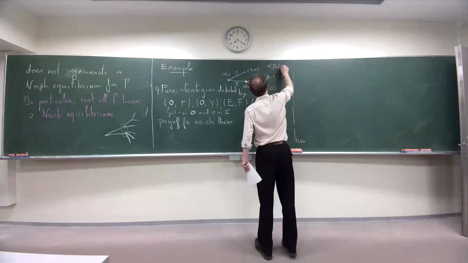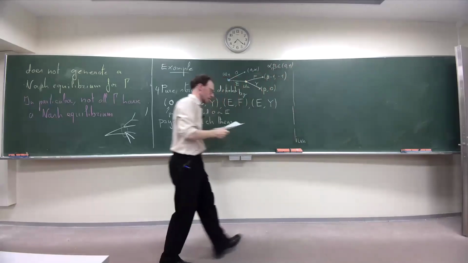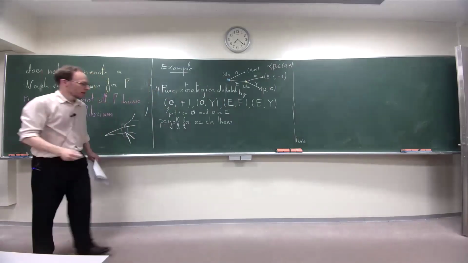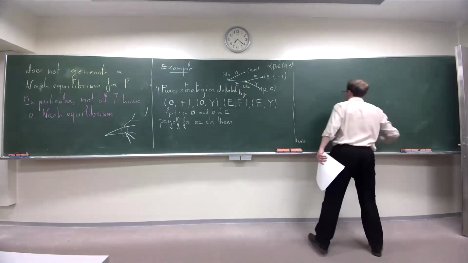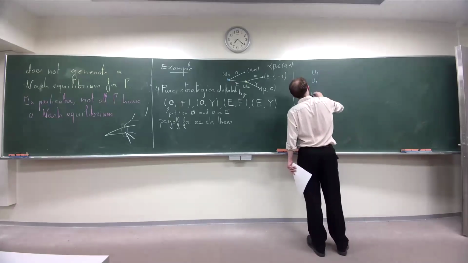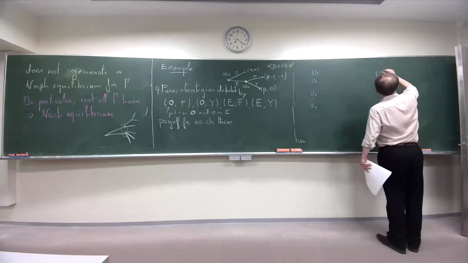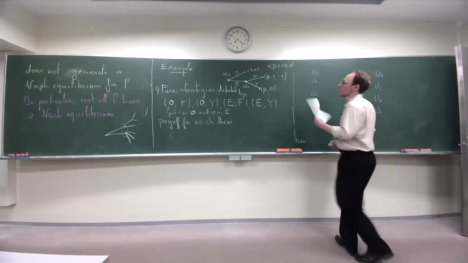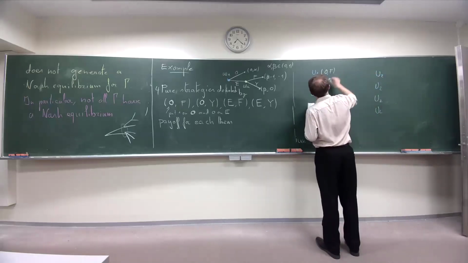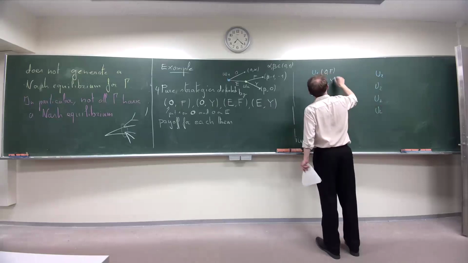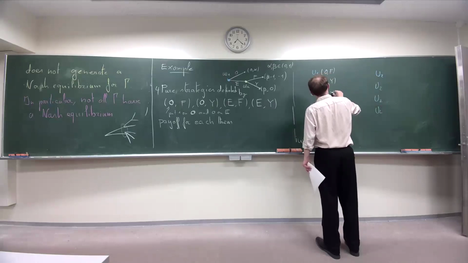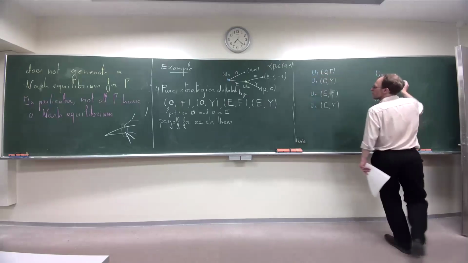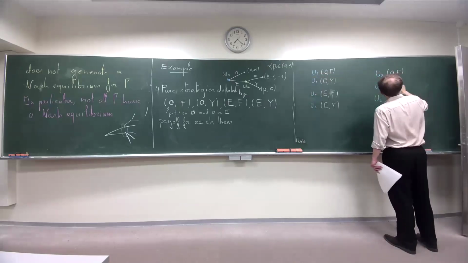So I need to provide a formula U1 and U2 for each of these 4 strategies: OF, OY, EF, EY, and the same for the second player.